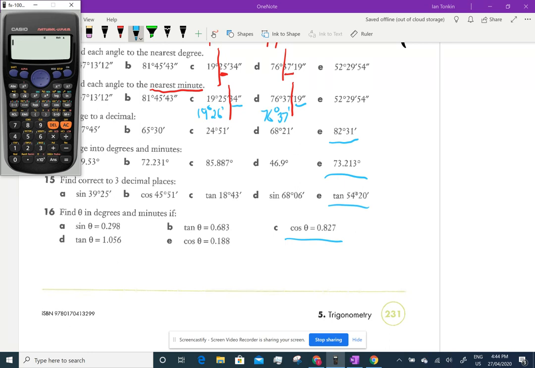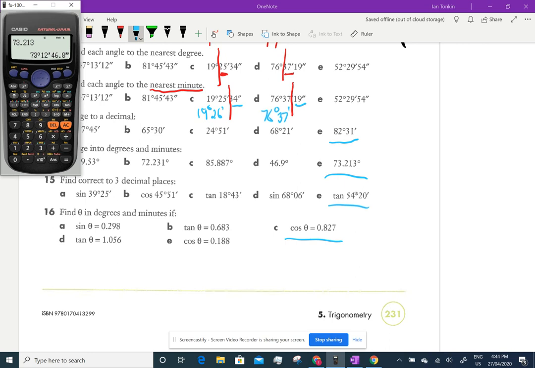So if I type in 73.213, and I press equals, and then I press degrees, minutes, seconds, it's 73 degrees, 12 minutes, 46.8 seconds. Once you get into seconds, seconds become decimal again.